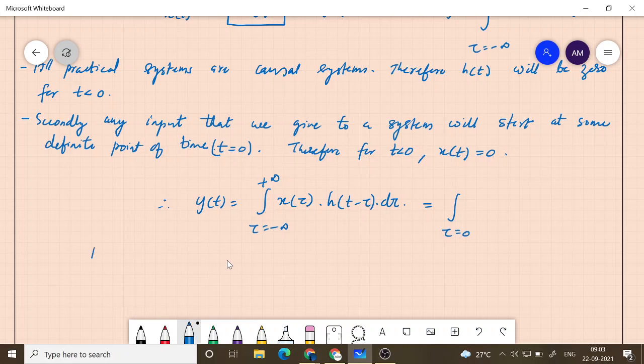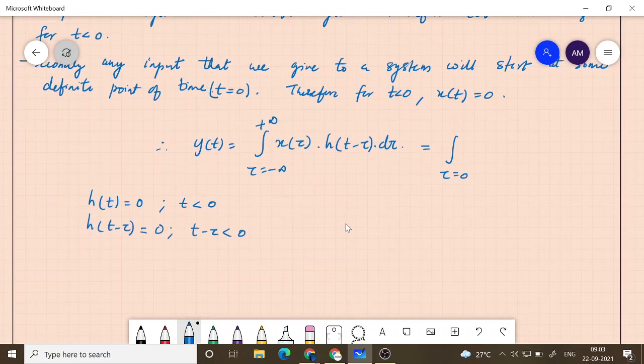What I said is that h of t is equal to 0 for t less than 0, and therefore h of t minus tau will be equal to 0 when t minus tau is less than 0.